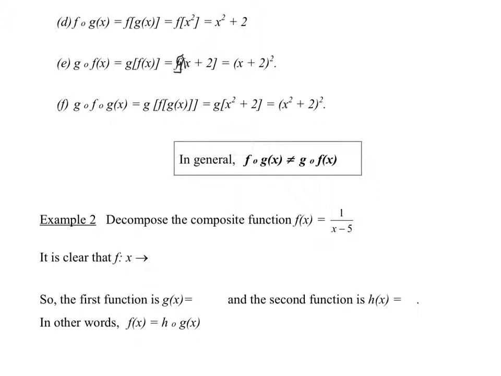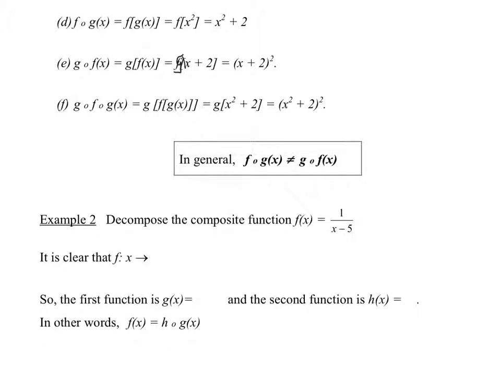Now the last thing on this page is to look at decomposing a function, to try to split a function into two functions, right? This thing here we can think of as being a composite function, like these ones up here are composite functions. So what were the two functions that made up this function here? Now there are different answers for that, but one possible answer is to think of this function as being, first of all, you're having to subtract 5, and then you're having to do 1 over that.